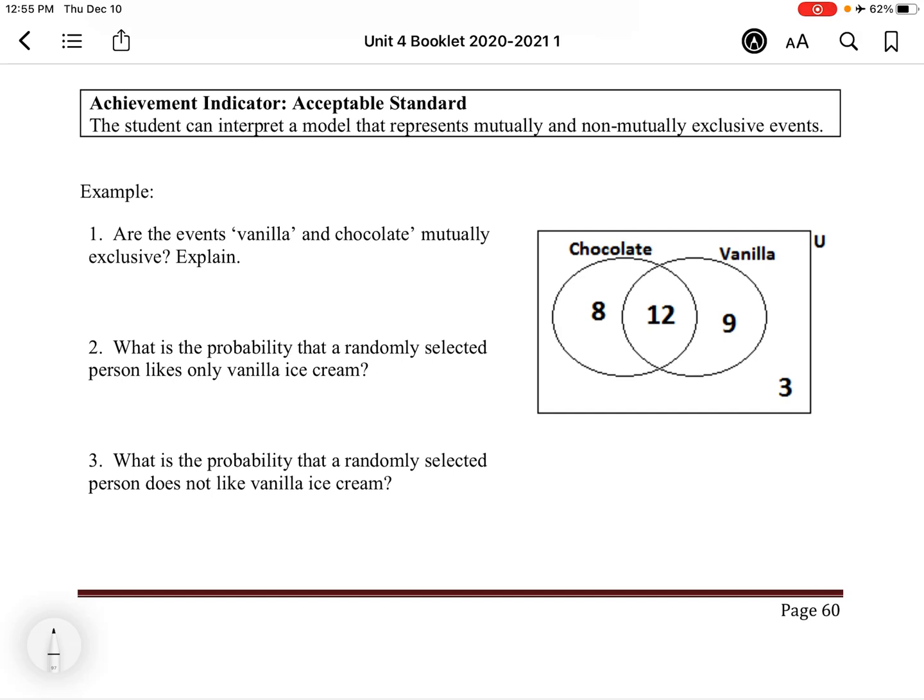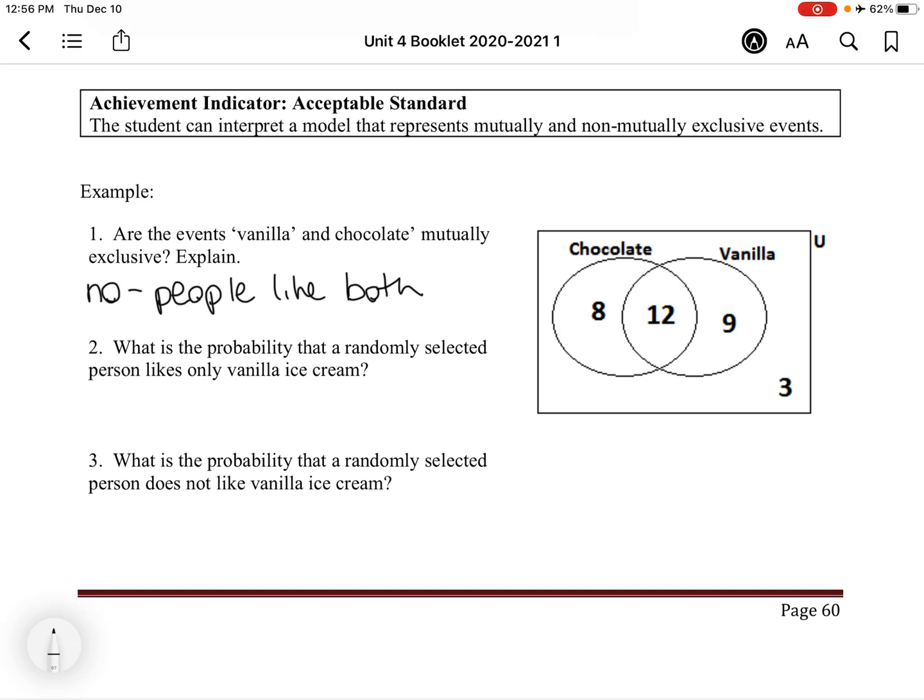Well, we can see from the Venn diagram that there's people who like both. So the answer to this is no.